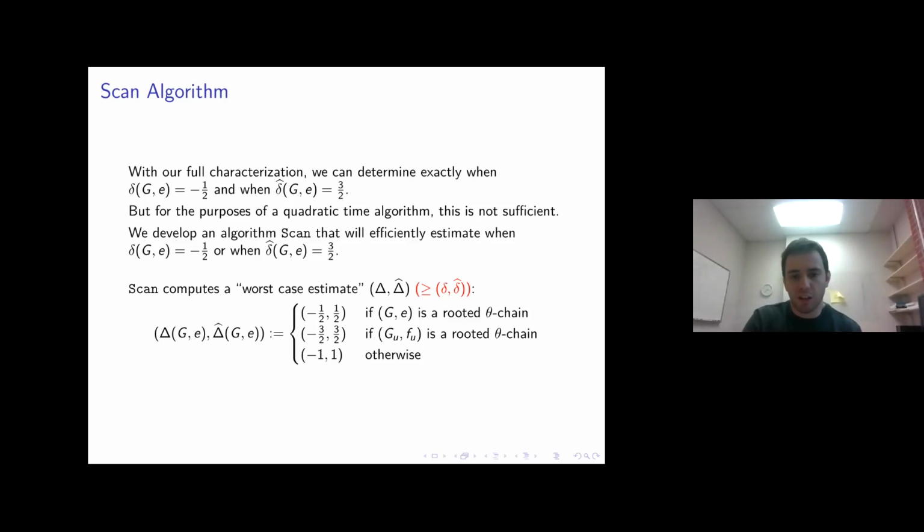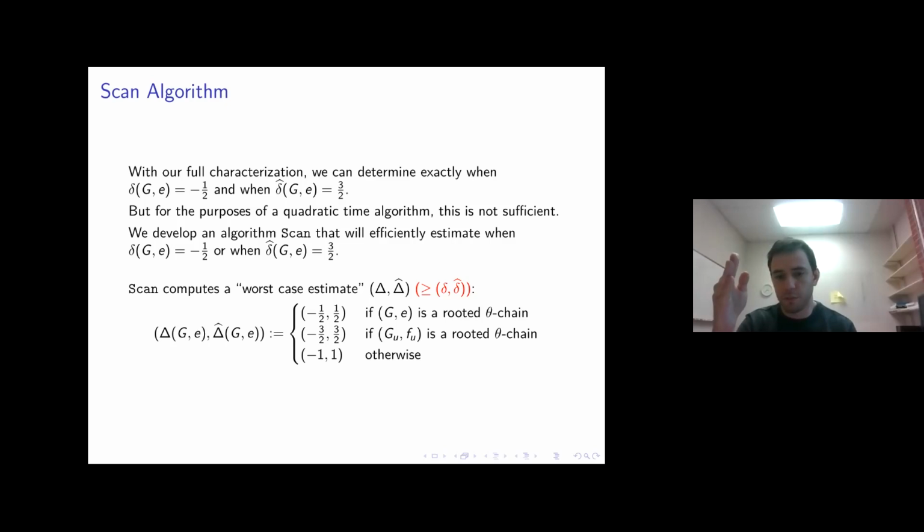What SCAN computes is an estimate, which we notate with big del instead of little del, and it's always bigger than the little dels. How it estimates is, if GE is a rooted theta chain, then it gets -1/2, 1/2.